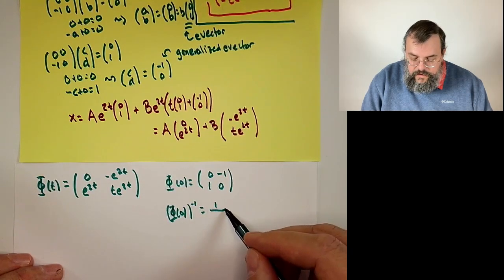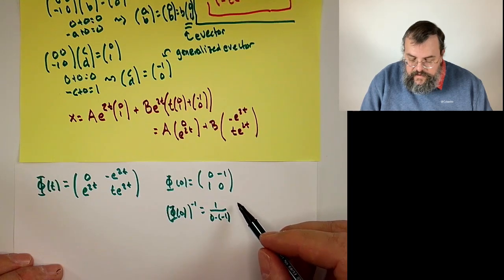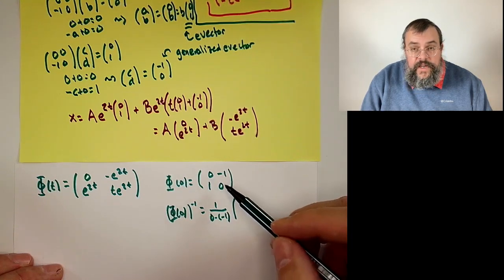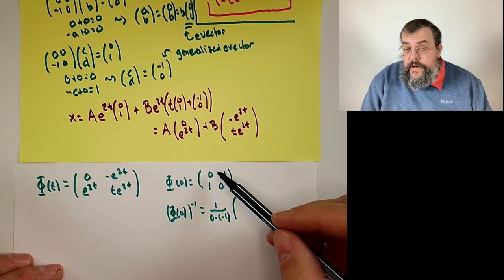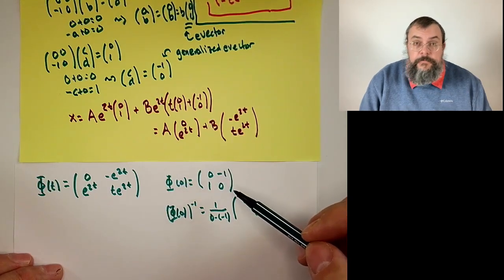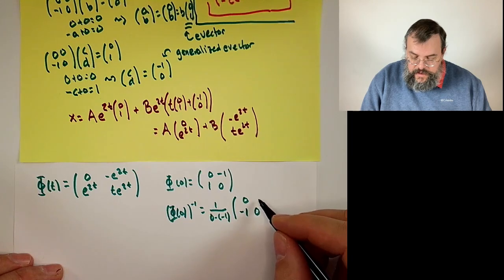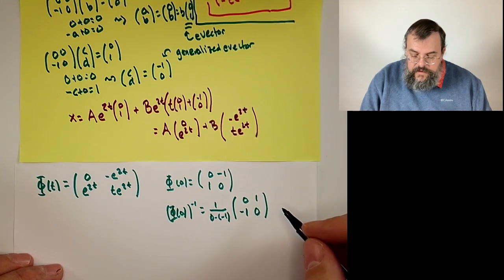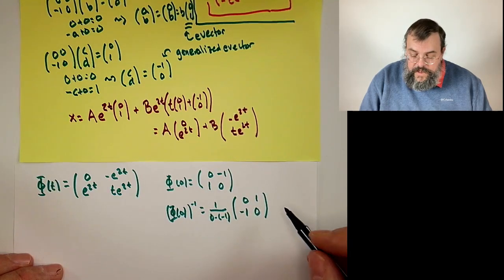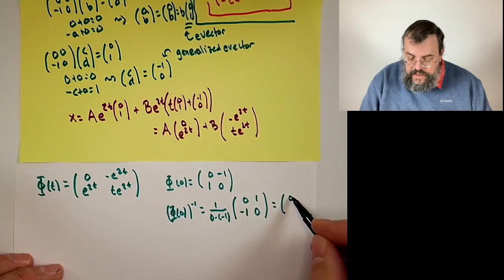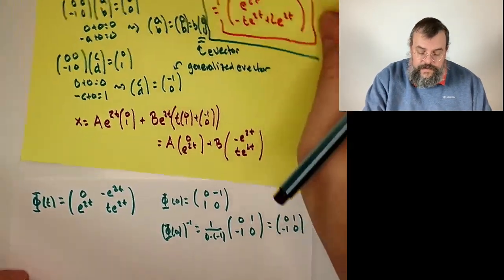Well, it's 1 over 0 minus minus 1. That's nice. And now you flip the diagonals. Okay, so it's now 0, 0 on the diagonal, whereas before it was 0, 0. So, interesting. And then we change the signs. So minus 1, plus 1. And as always, if you have any doubts, multiply these two together. But it's not too hard to check. It does indeed work.